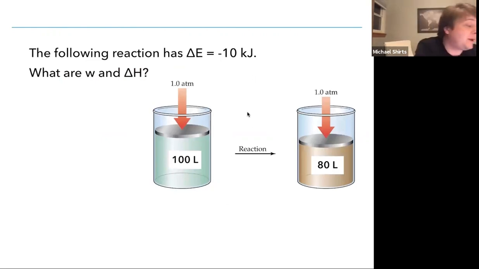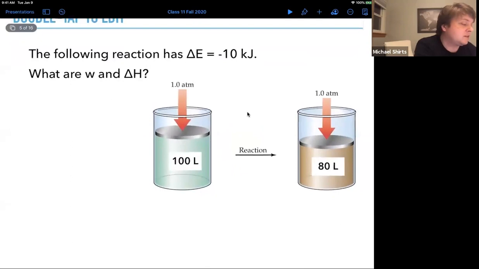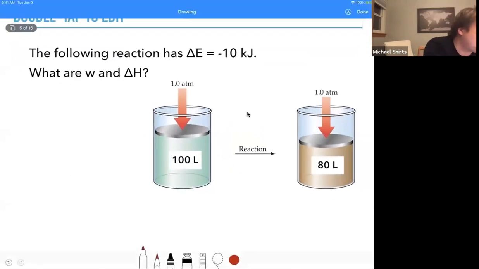So the change in enthalpy is just going to be equal to the heat transfer from the perspective of the system. The work is minus P delta V. Let's make it explicit, delta V equals 20.